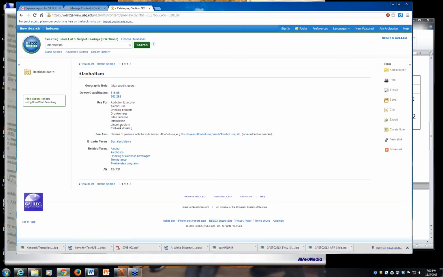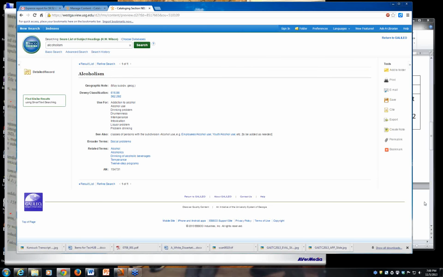There are some other options, some other related terms here. We don't use any of these that are used for, remember, those we can't use. We can see also classes of persons with a subdivision alcohol use. We can't really do that because this is just alcohol abuse in general, and we don't have a class of persons with it. And there are other related terms. But on this one, we know that we could use alcoholism and subdivide geographically.